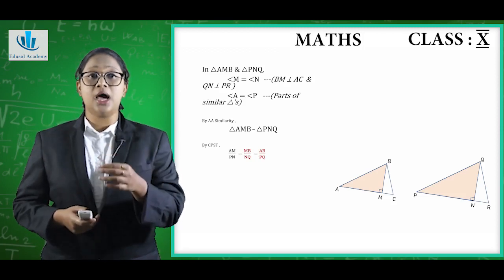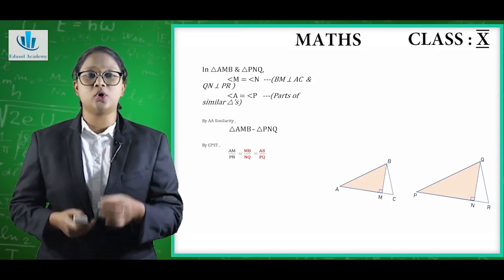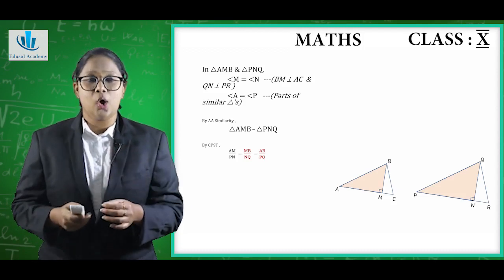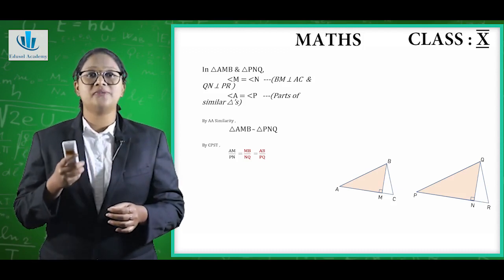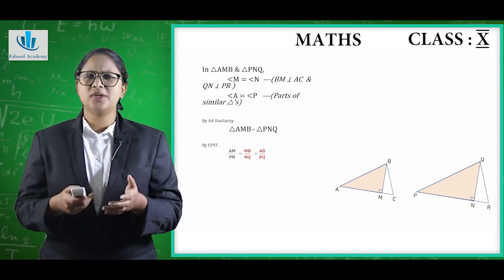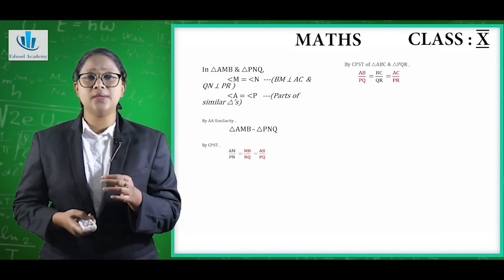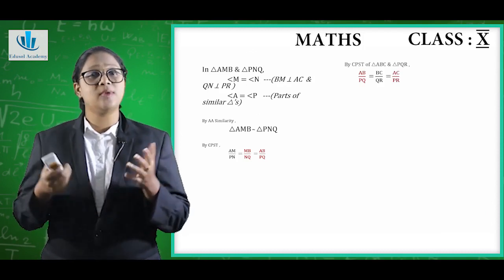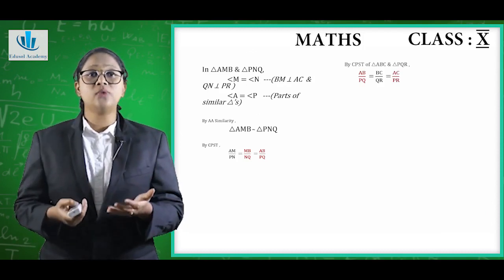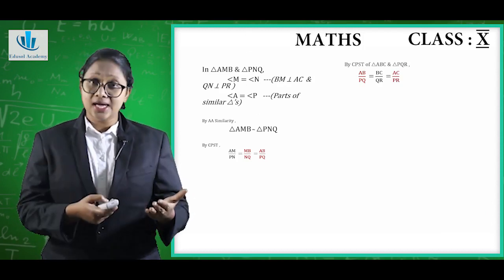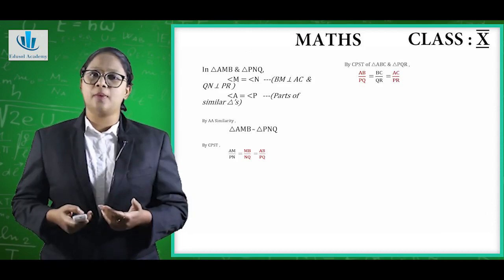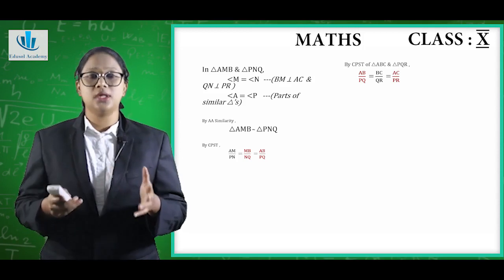And here we are introducing a new concept called CPST, or corresponding parts of similar triangles. You might remember CPCT, it's the same thing, except that for CPCT all the sides and all the angles will be equal, but when dealing with similar triangles, angles will be equal and sides will be proportionate. That's the only difference.